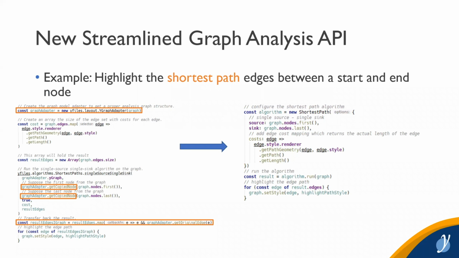Whereas previously, as a developer, you had to create an adapter from the original graph and then call some weird API, which every time was different for each and every algorithm, we now simplified the API and streamlined it so that there's just the construction of the API where you can pass in the various options, then run the algorithms, and then process the results in the end.